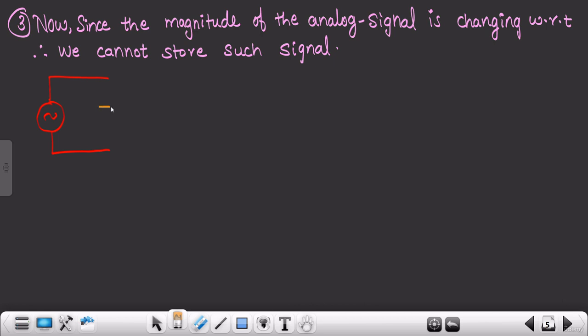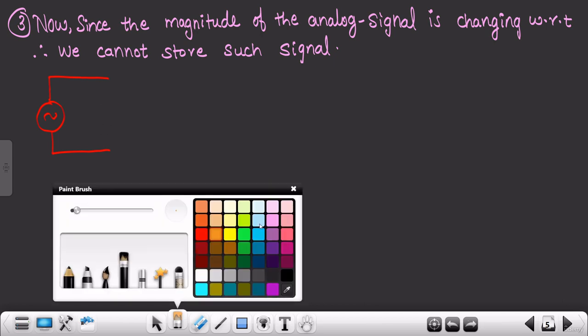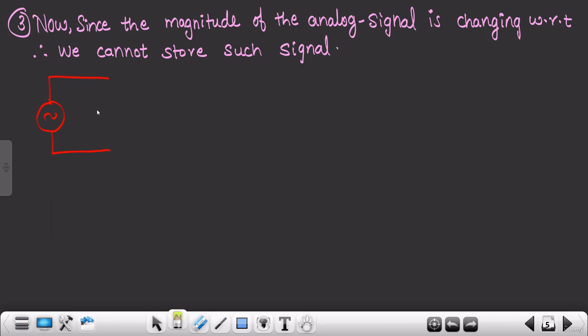So this is your capacitor, something like this.